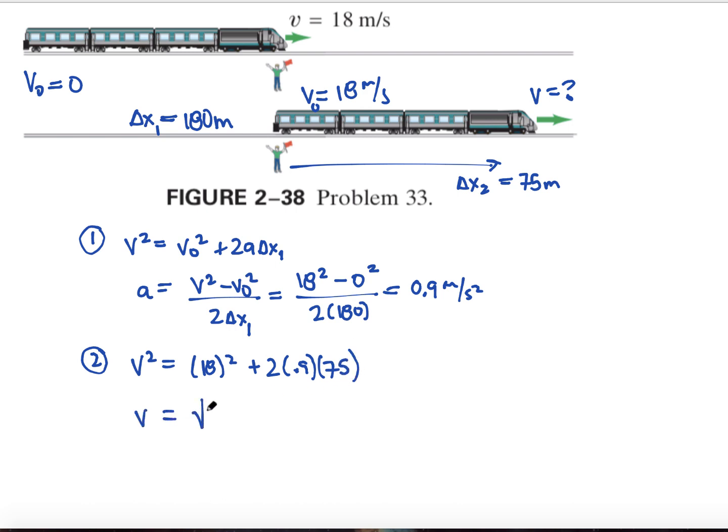And that's going to give me 459 that I'm going to square root here. And so my final velocity should end up being 21.4 meters per second after the train cars have gone past this worker.